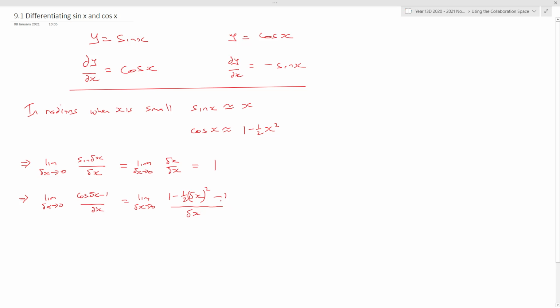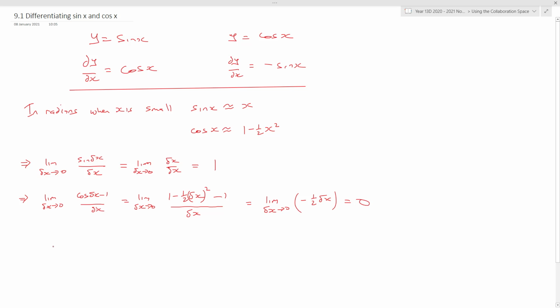Now the 1 minus 1 cancel out, and we've got delta x cancelling with 1 on top, so that's going to leave us with the limit as delta x tends to 0 of minus a half delta x, which is equal to 0.